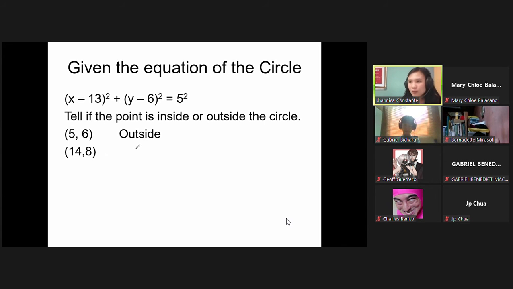So the same of what we did a while ago, substitute a given value for x and y in the equation of the circle x minus 13 squared. So we have 14 minus 13 squared plus 8 minus 6 squared equals to 5 squared. So 14 minus 13 is equal to 1 squared.